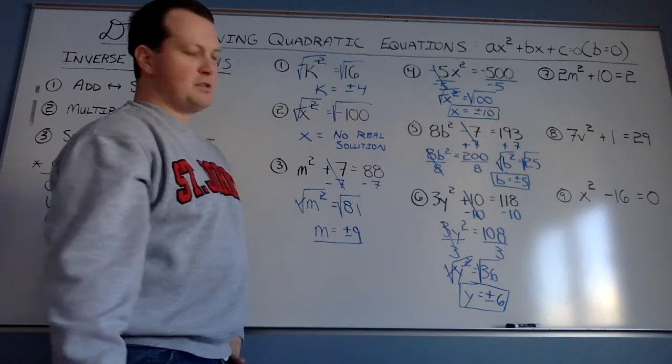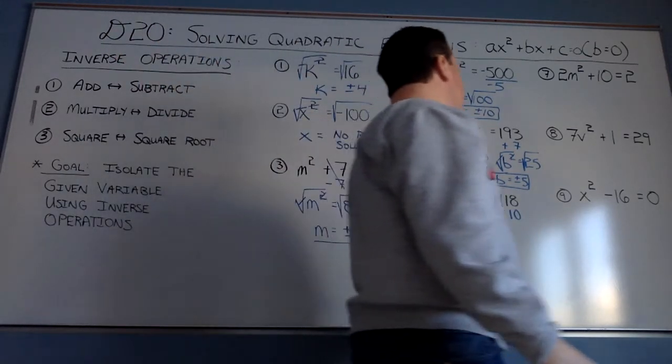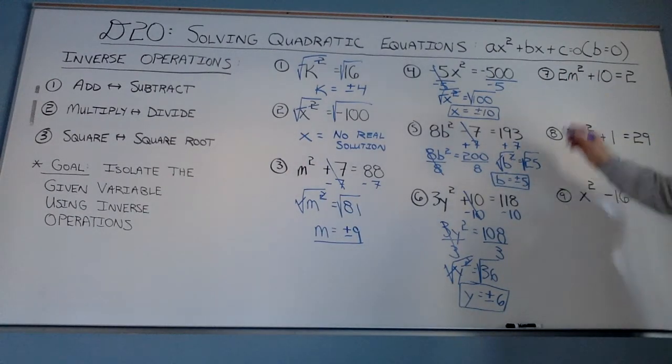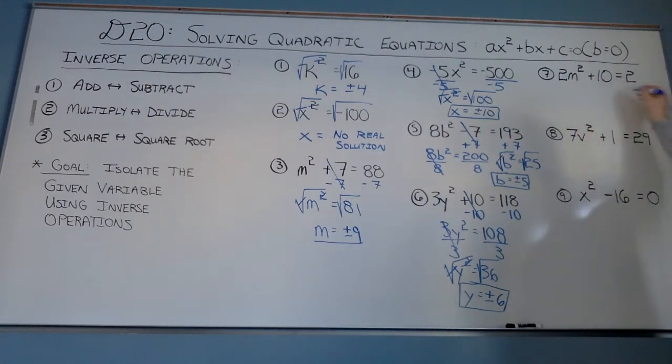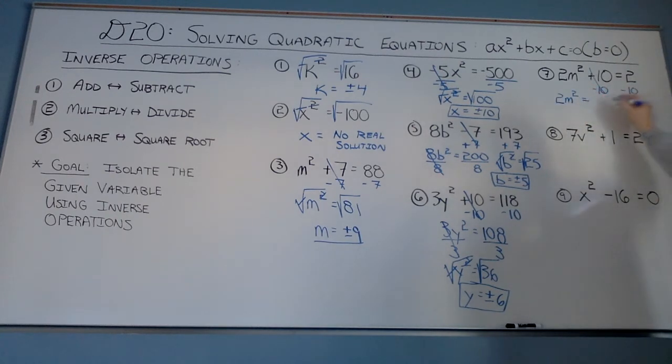The last 3 here just to make sure you are healthy, wealthy, and wise. Example 7. Careful, we got some negatives coming in here. 2m squared plus 10 is 2. When I subtract 10 from both sides, 2m squared will equal 2 minus 10 is negative 8.